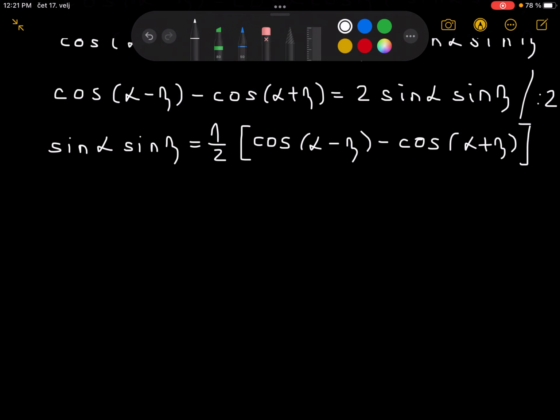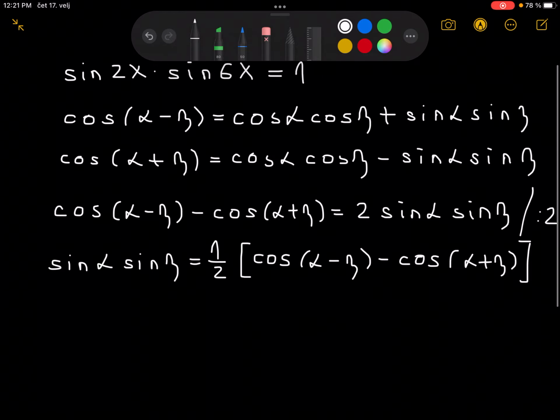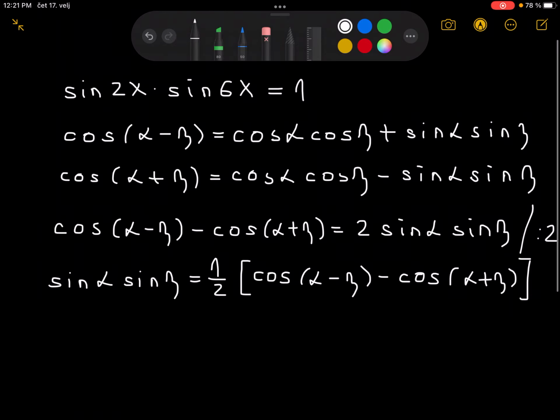Now, when we apply this equation to our original equation, we see that we can rewrite sine of 2x times sine of 6x as 1/2 times the cosine of 2x minus 6x, which is negative 4x.